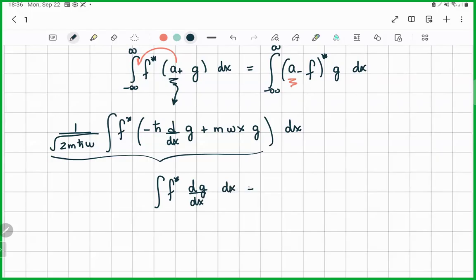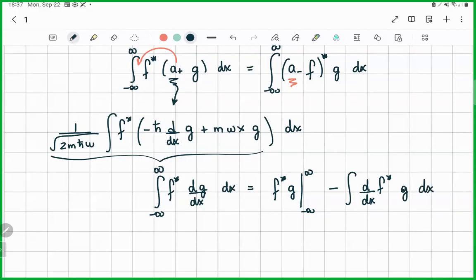And we know that we can do this by parts and write it as f conjugate and g in the range of the integral, so minus infinity to infinity, and now minus, and I'm inverting the position of the derivative, and I put it here in front. Now I have the derivative of this complex conjugate of f, times g. So this is a property that we already know.